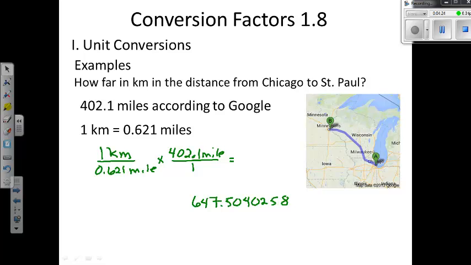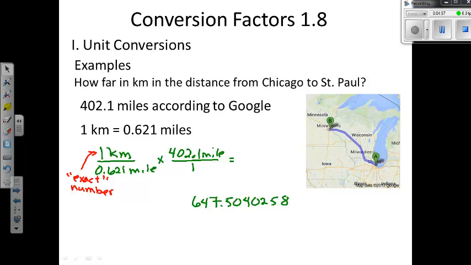Here we consider the 1 to be an exact number as far as significant figures go, which means it has an infinite number of significant figures, or it doesn't matter. It doesn't figure into determining the significant figures. So you're taking 1 kilometer, it could be 1.000, it could be 1.0000, but we consider that to be an exact number.